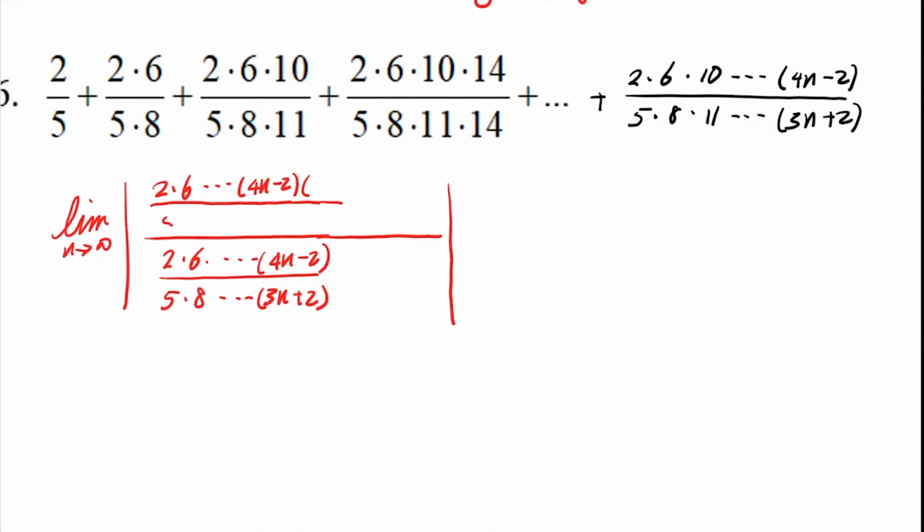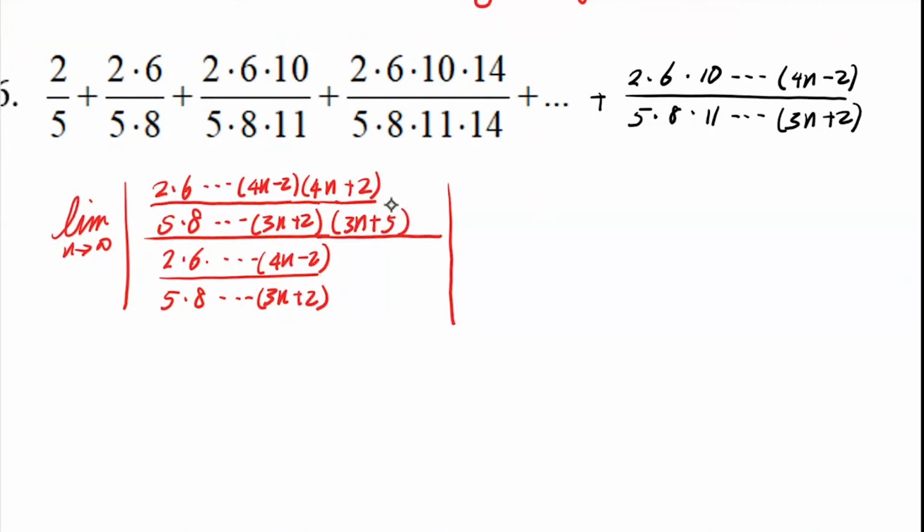Is it like 4n plus 2? Wow. Redemption, huh? Okay, the denominator will go up to 3n plus 2, and then we have the very next term, because this is all being multiplied, right? 3n plus what? 5.